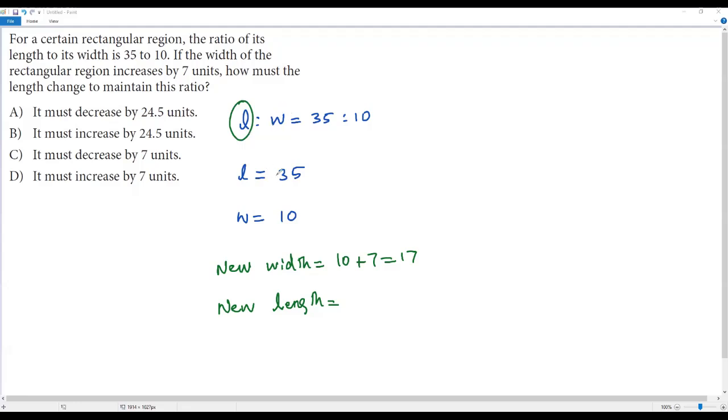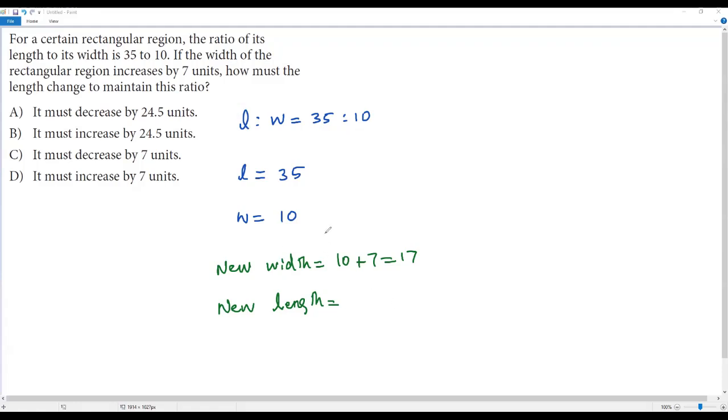To maintain the same ratio, I have to change both quantities in the same direction: either increase both or decrease both. The question says the width is increased, so the length also has to be increased, so that we can maintain the same ratio 35 to 10. Now it's very clear the length has to be increased.